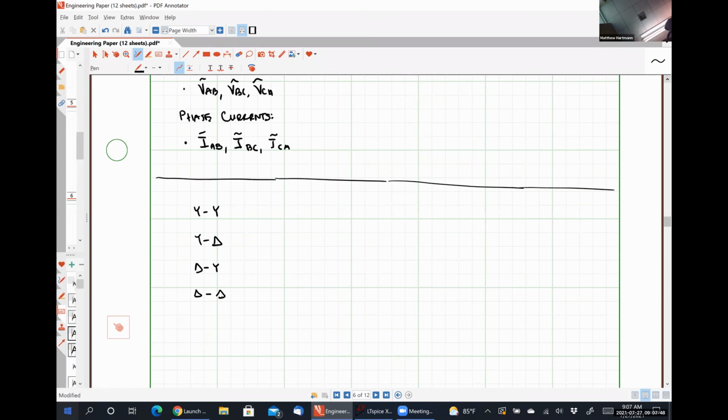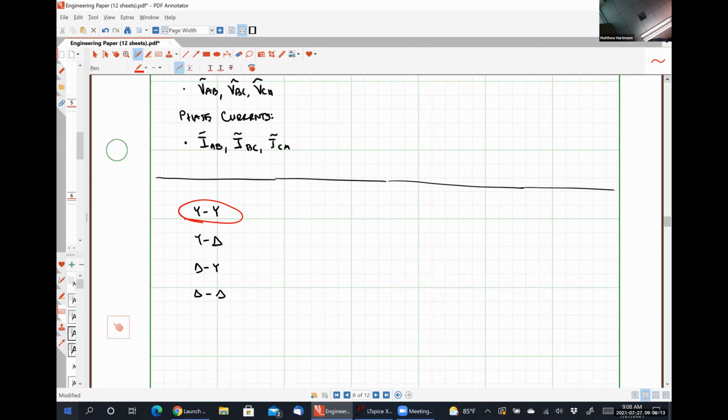Really, as you'll see during Thursday's lecture, our YY system, where we have a Y connected source and a Y connected load, is by far the easiest to analyze. We'll talk about exactly why that is on Thursday.